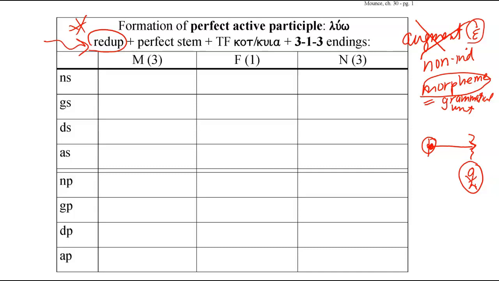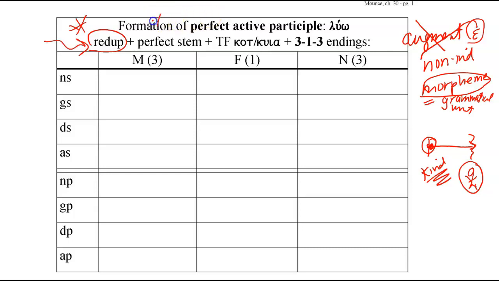So the reduplication has to do with kind of action, and therefore it retains its use even in the non-indicative forms. So to form the perfect active participle, we have to reduplicate the stem.